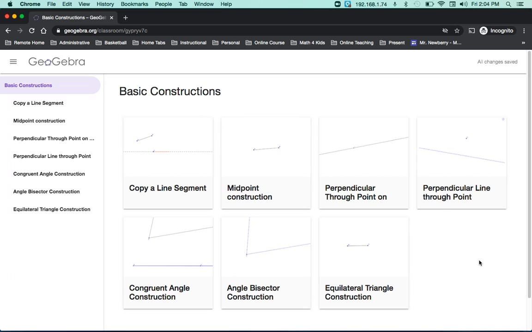And I'm perfectly okay with that because I want you to get the practice of not only using GeoGebra, but also understanding how the tools work within GeoGebra and how they compare to real world tools like a straight edge and a compass. Eventually, we're going to be working with protractors, rulers, things like that. So follow along as I go through the real world and then we transfer it into GeoGebra.